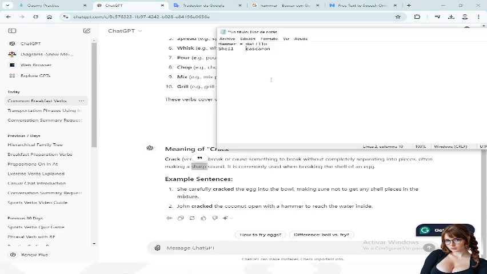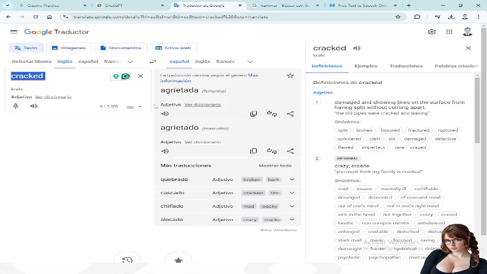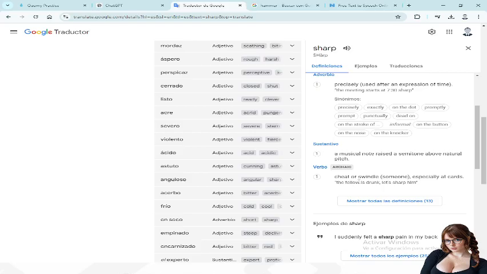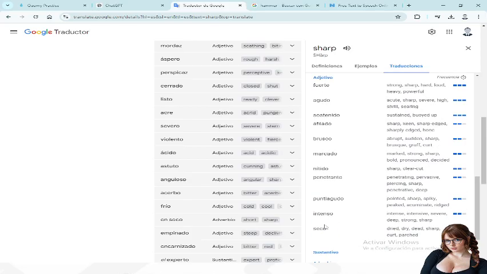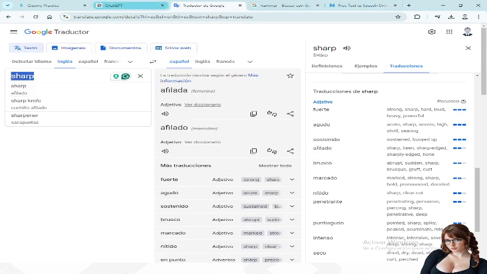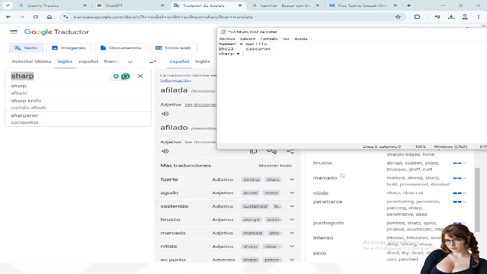I know what the meaning of sharp is, but we can write sharp here. Sharp is like something like a knife.